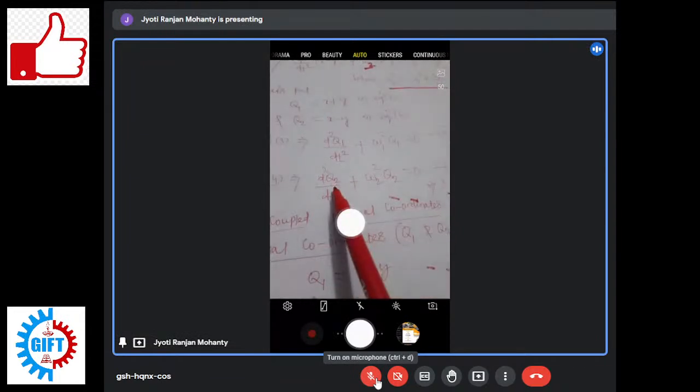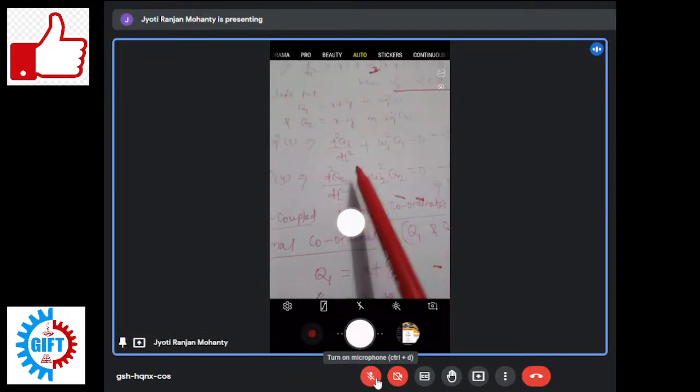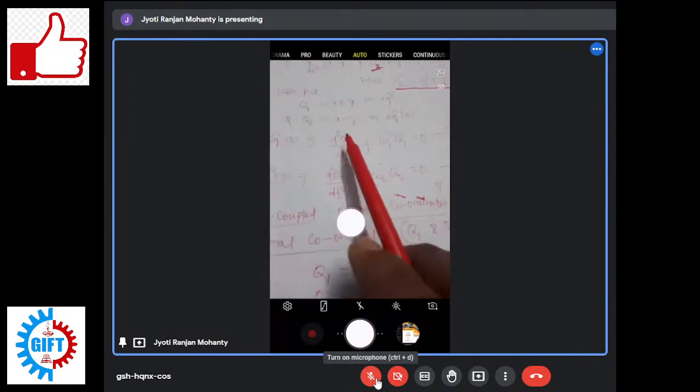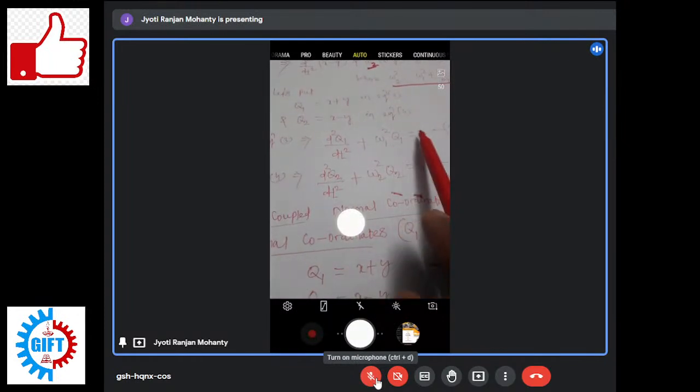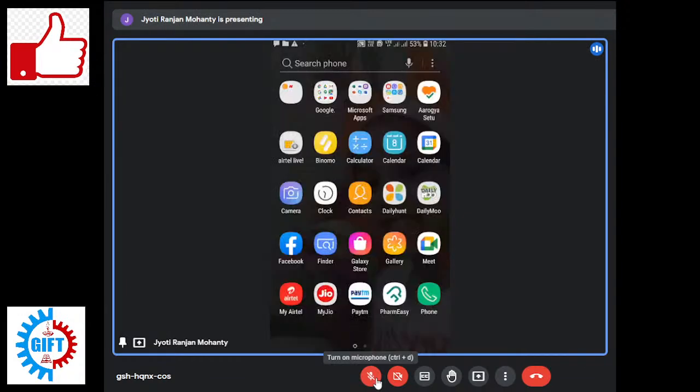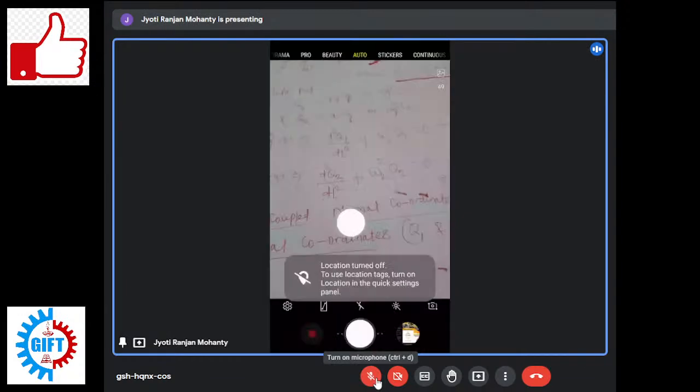Equation 6 is also a simple harmonic type. Why? We know the differential equation of simple harmonic motion is d square x by dt square plus omega square into x is equal to 0. If both the bobs oscillate, then that is a simple harmonic type.